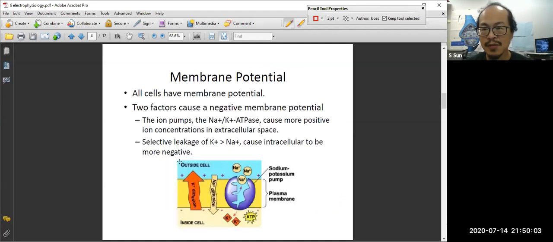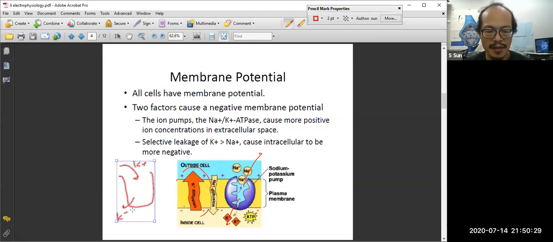So we talked about this one already, that the sodium potassium pump pumps sodium out, pumps potassium in, and there is leakage, potassium diffusion out. So it will maintain very much. You pour in potassium, and there's a little bit of leakage.